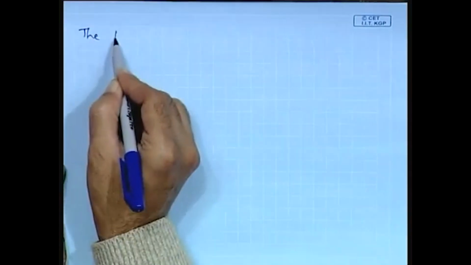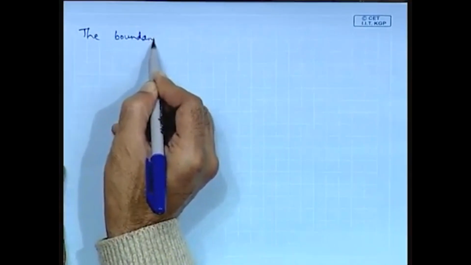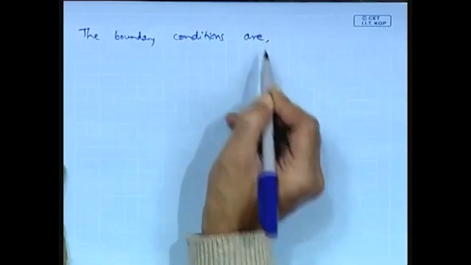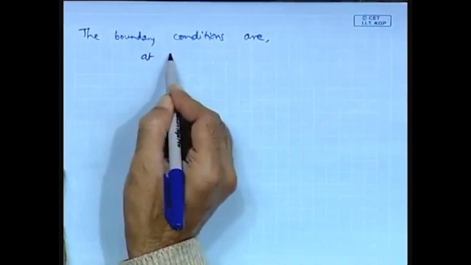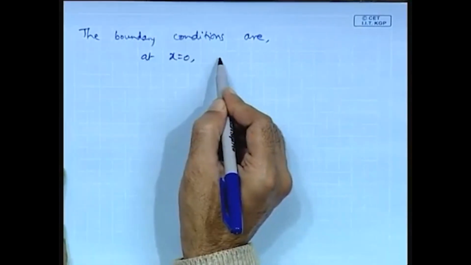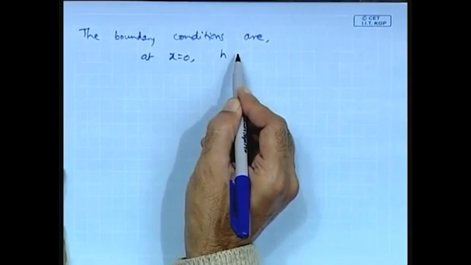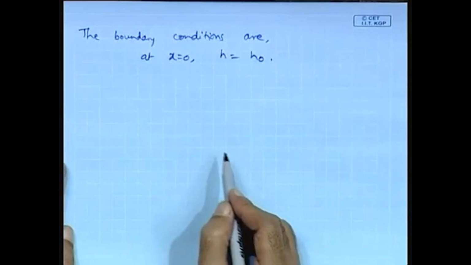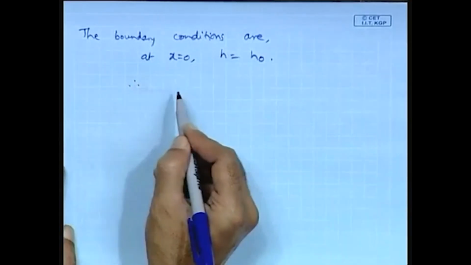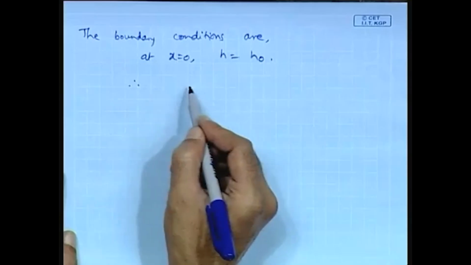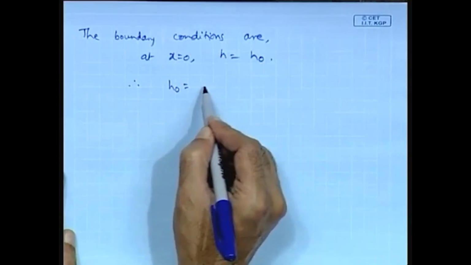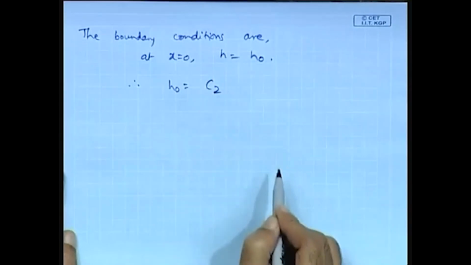So, the boundary conditions are at x is equal to 0, h is equal to h 0. So, therefore, h 0 is equal to C 2.